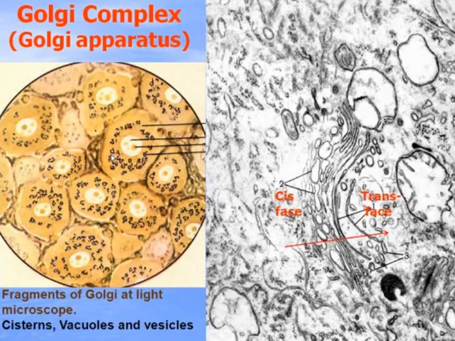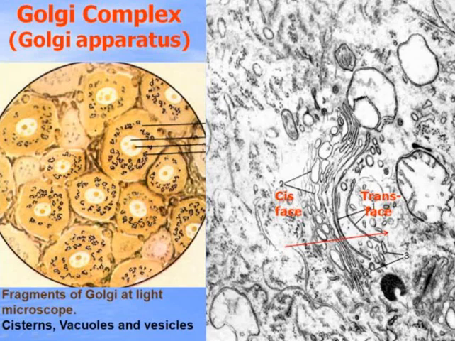Next, an organelle of the general meaning and a membranous organelle is the Golgi complex, or Golgi apparatus. Under a light microscope, with special staining, it's visible as dots or lines, black in color. These are fragments of Golgi, for example, in nerve cells. This fragment is visible quite well under an electron microscope.